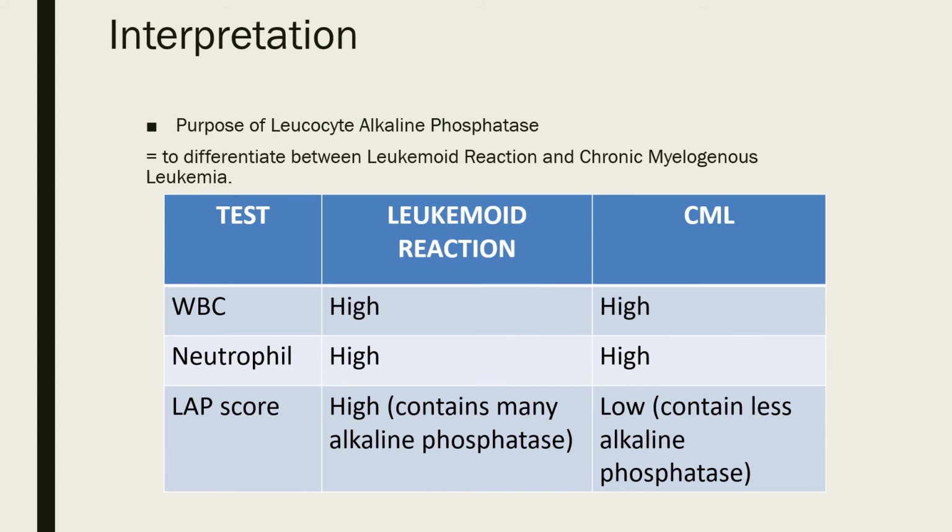In this table, we can see that for both diseases, the white blood cell count and neutrophil count are high, but the difference between the two is the LAP score. A high LAP score is found in leukocyte reaction because it contains much alkaline phosphatase, while a low LAP score is found in CML because it contains less alkaline phosphatase.